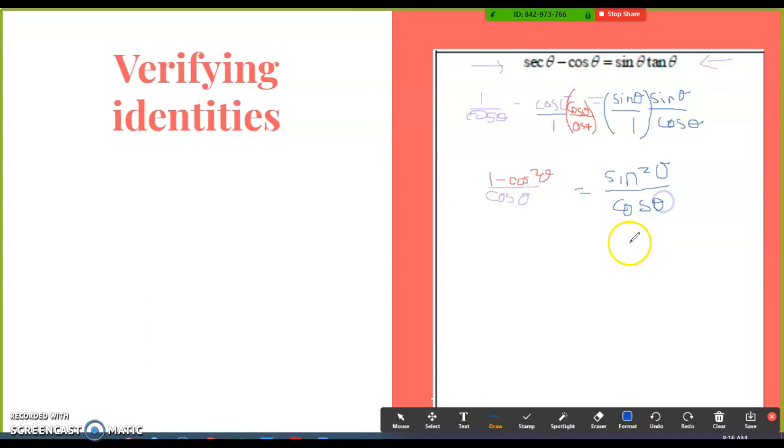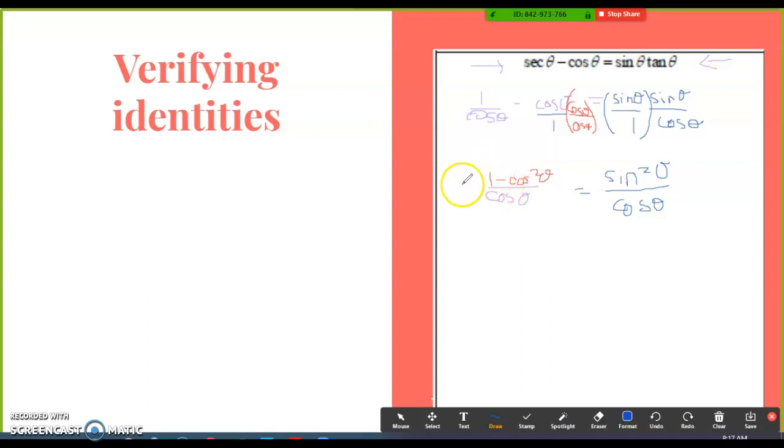Okay. Looking to the left and right, they both don't look alike yet. But if I think back to the Pythagorean identity, the Pythagorean identity says that the sine squared of theta plus the cosine squared of theta is equal to 1. And remember what happened when I subtracted over the cosine to the other side?